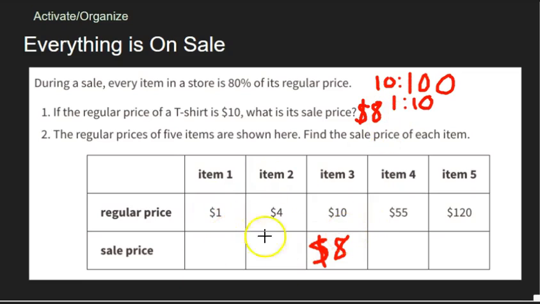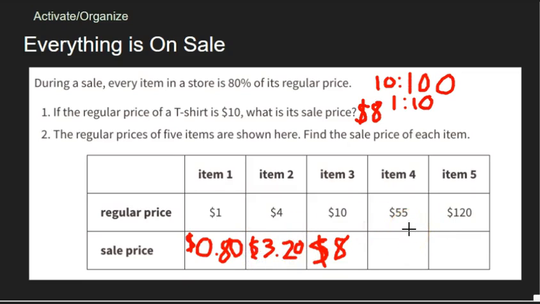But now it's going to be in one place value lower, so that's actually going to be 80 cents. If 100% is $4, 10% would be 40 cents. 40 cents times 8, 8 times 4 is 32. But that 4 in the tenths place means that this is 32 tenths, or $3.20.